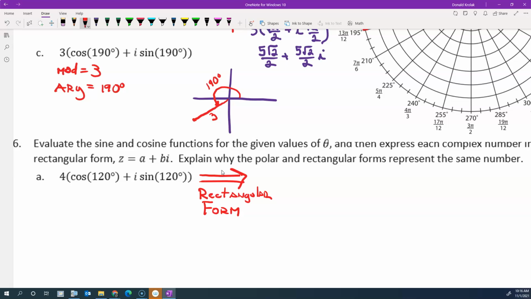Well, it's really simple. It's exactly what I just did a couple of minutes ago. Take these two values, use your unit circle, and figure out what's the cosine of 120 and what's the sine. So I'm going to look at the unit circle and get what these coordinates are.